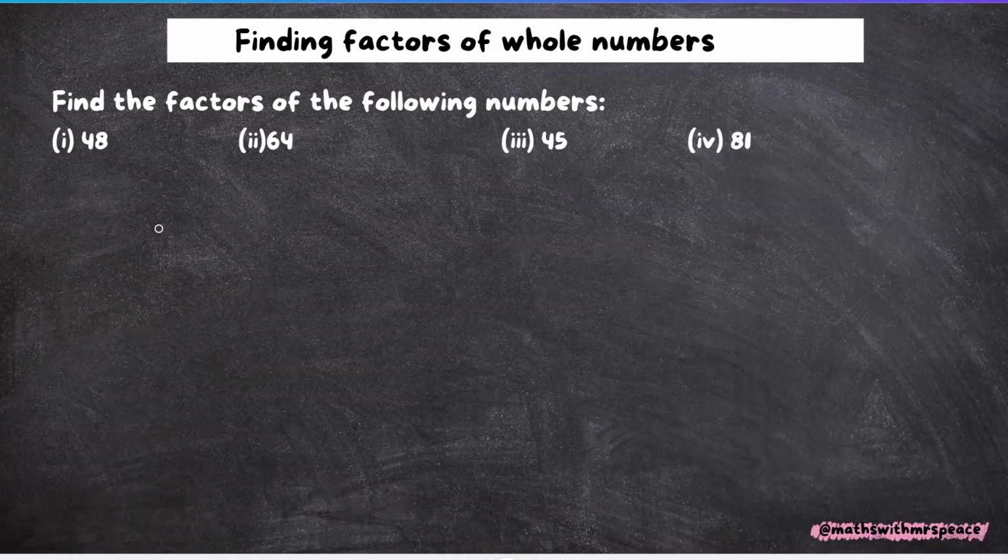However, I like to do this. This is called expressing a number as a product of two factors. If you use this method and do it correctly, you'd be able to find all the factors.